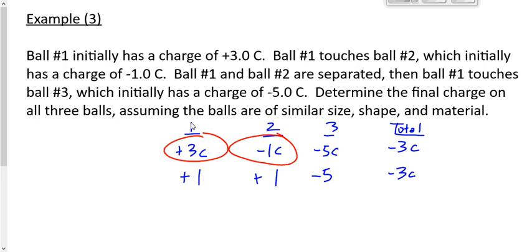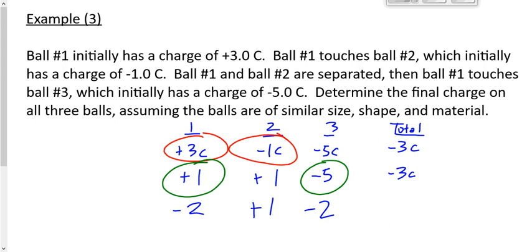Now it says 1 touches 3. If 1 and negative 5 touch each other, they're going to balance out to be what? 1 plus negative 5 is negative 4. Negative 4 divided by 2 is negative 2. Negative 2, negative 2. And what about charge number 2? Well, it's still plus 1, right?